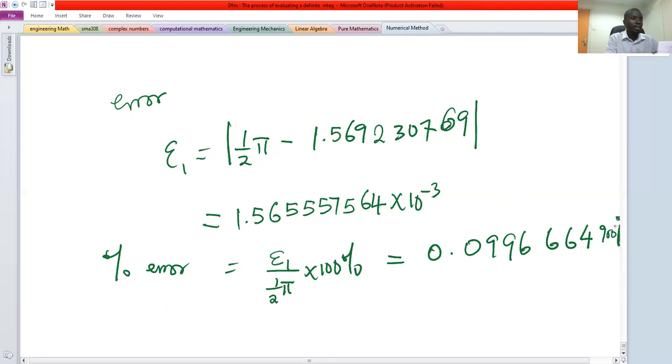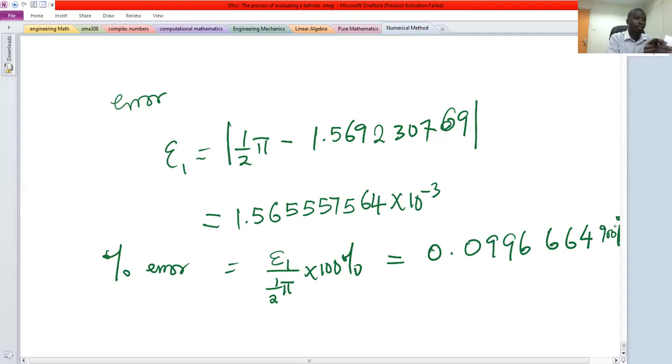If you compare this answer to what we did for the trapezoidal rule, the percentage error when n was 6 was 0.58%. Comparing this one to the trapezoidal rule, whose percentage error when n is 6 was 0.58%, this one is 0.009%. So it's better than the trapezoidal rule.